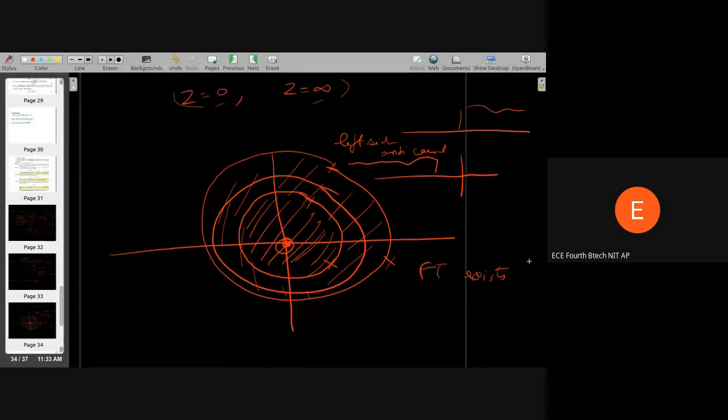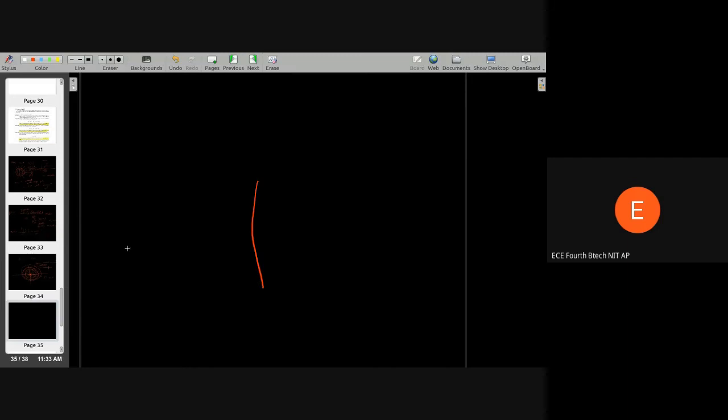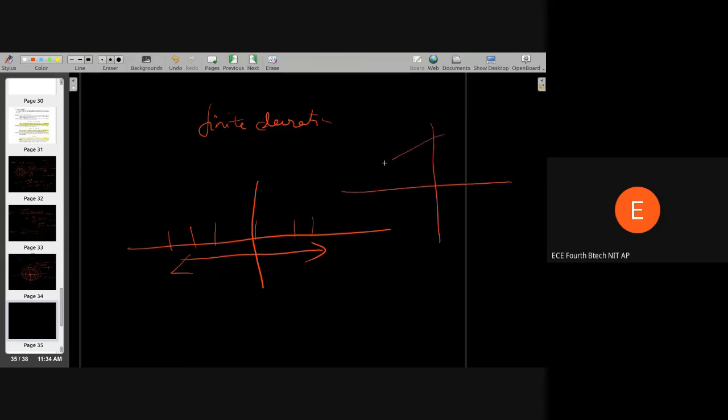However, if your signal is finite, if your signal does not have any infinite values and it is a finite duration, some 100 numbers, 20 numbers, whatever, then obviously the Z transform is going to exist for the entire Z plane, except you have to check for Z equal to 0 and Z equal to infinity, whether they exist at those points.